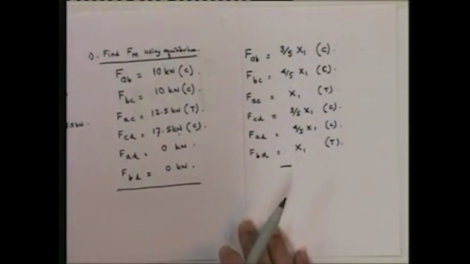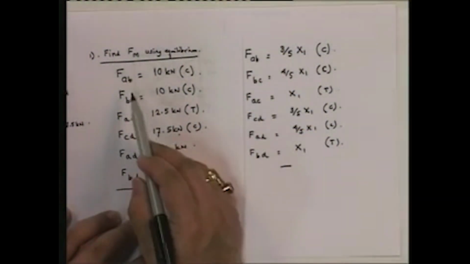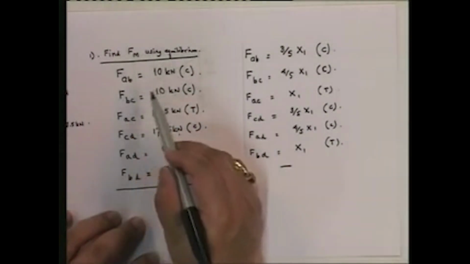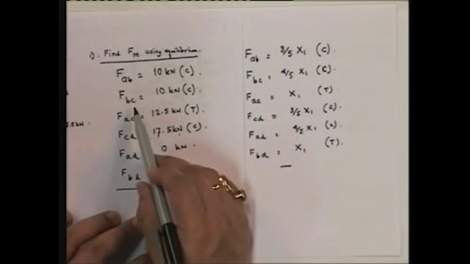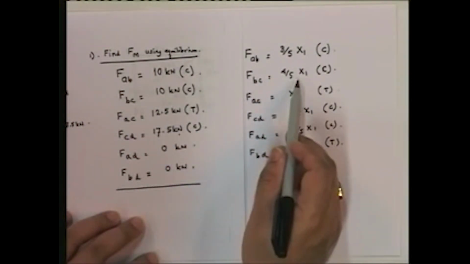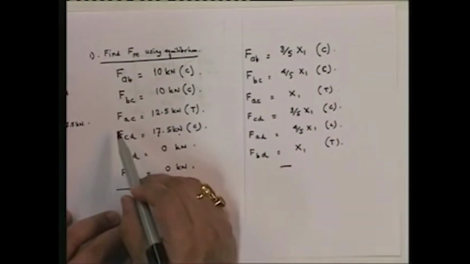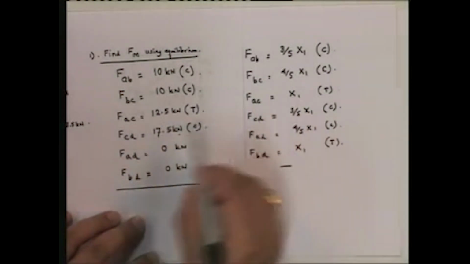Okay, and therefore if you look at it, what would be the force in the original structure? It would actually be, if you look at this, that the actual, in the original structure, FAB would be equal to 10 plus 3 by 5 x1. BC would be 10 plus 4 by 5 x1. AC would be 12.5 plus x1.